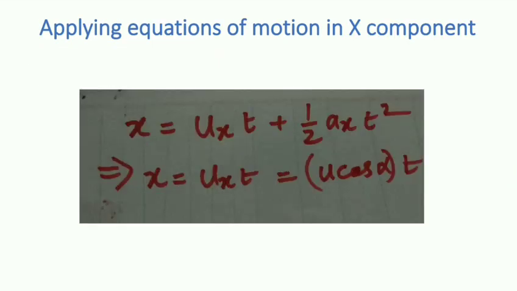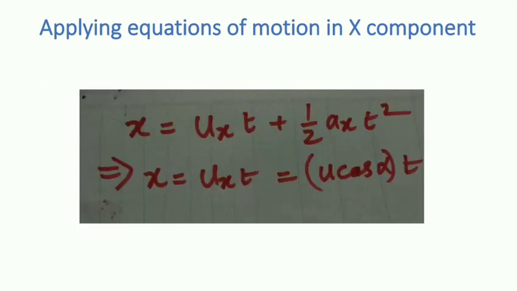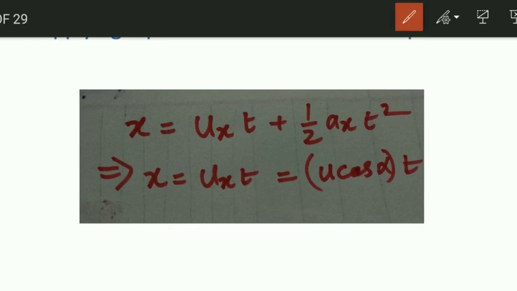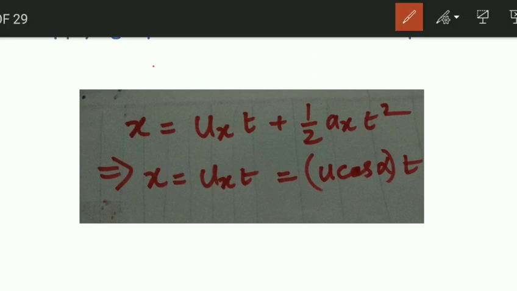Now again we have to find out the displacement of the particle in x direction. So s is equal to ut plus half at square. That is the equation we have learnt in 1D motion.